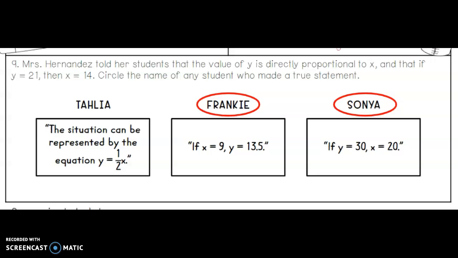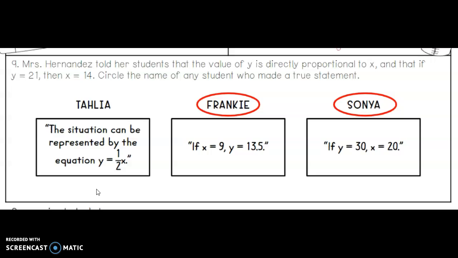Okay, it says Mrs. Hernandez told her students that the value of y is directly proportional to x, and that if y equals 21, then x equals 14. And so we need to just prove that. Circle the name of students who made a true statement. So Talia said that the situation can be represented by the equation y equals 1/2 x.